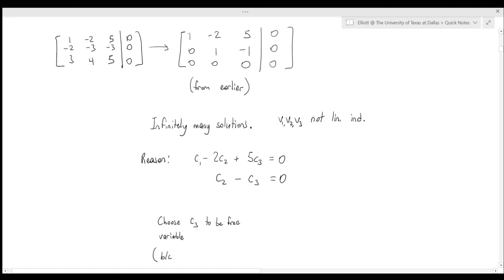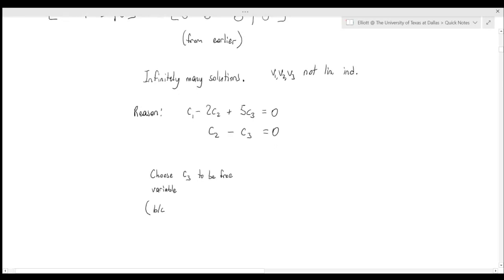So in this case, only columns 1 and 2 have pivots, and column 3 is missing a pivot. So because column 3 is missing a pivot, we can choose the third variable, C3, to be free.